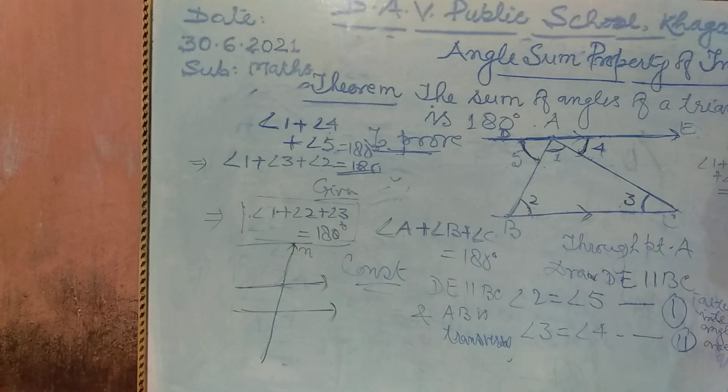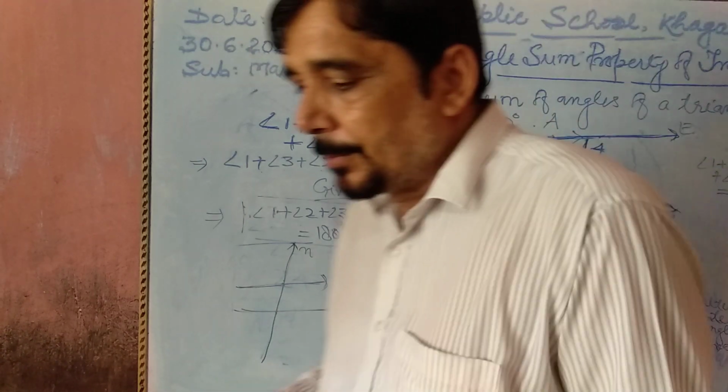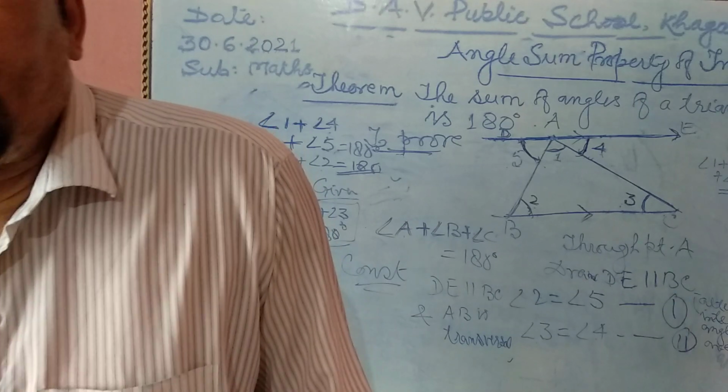Geometrically, when it is asked to prove some properties of a triangle. Okay. And it is a very important theorem, and it will be used when we are going to do the numerical problems which are based on that type of concepts.